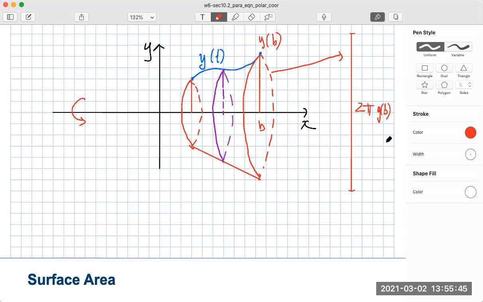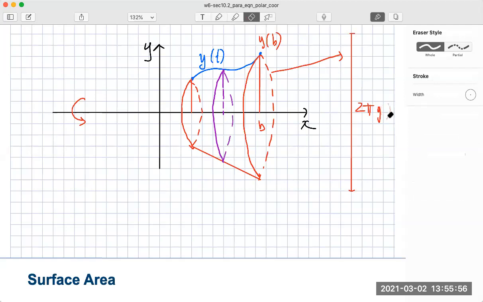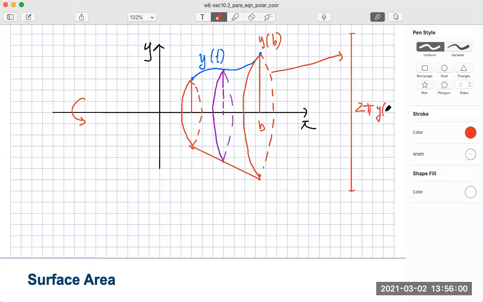So we have this 2 pi y here, or in general, let us write it in terms of y at this point. So if this point here, it will be y at a for the smaller circle. If this point runs from this to here, right?